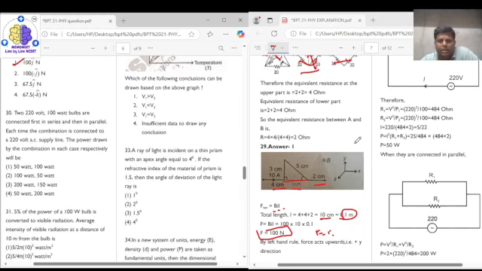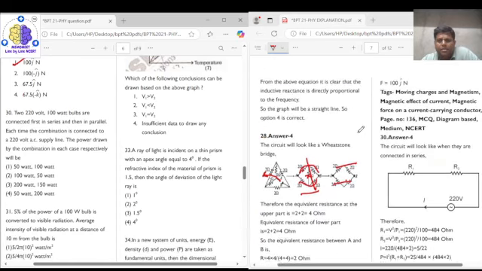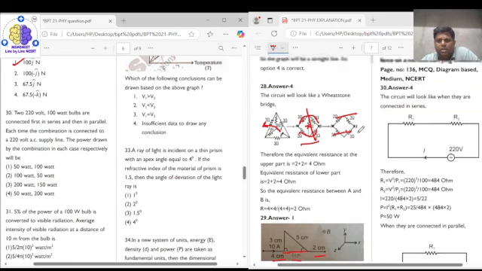Coming to question number 30. Question number 30 says two 220 volt 100 watt bulbs are connected first in series and then in parallel. Each time the combination is connected to a 220 volt AC supply, the power drawn by the combination in each case respectively will be? Now, when they are connected in series, this is R1 and this is R2.